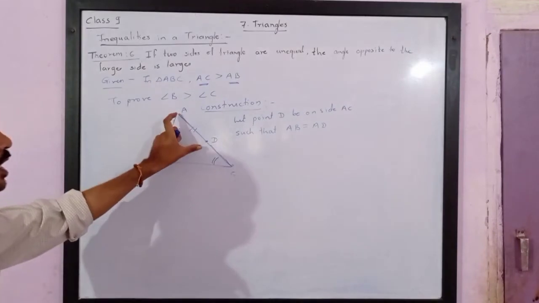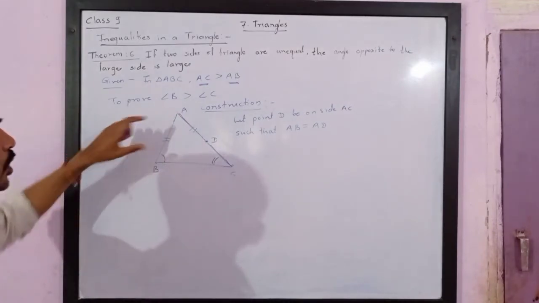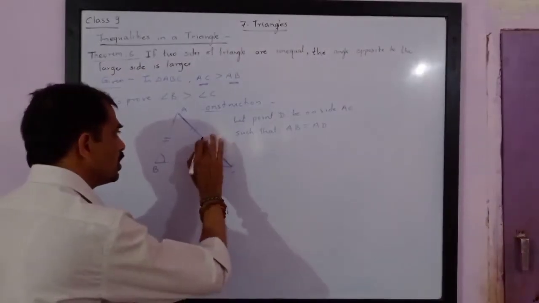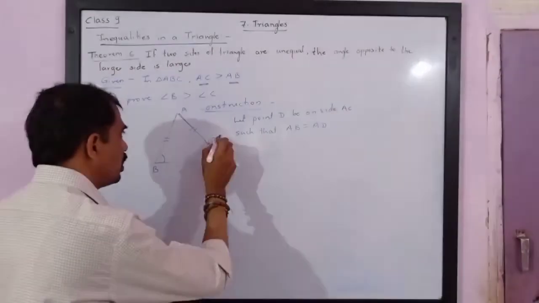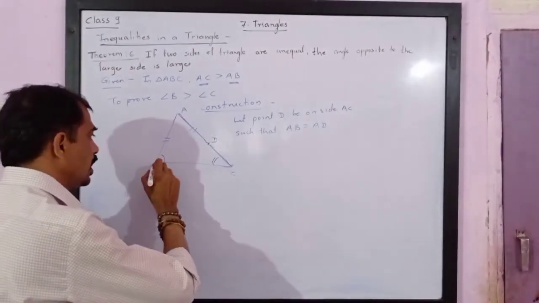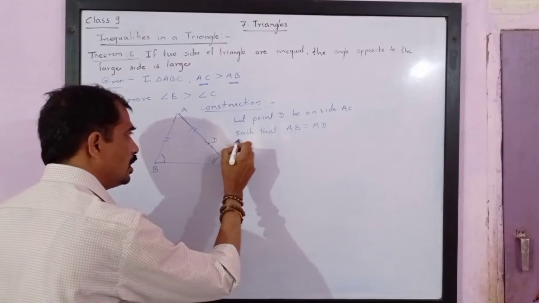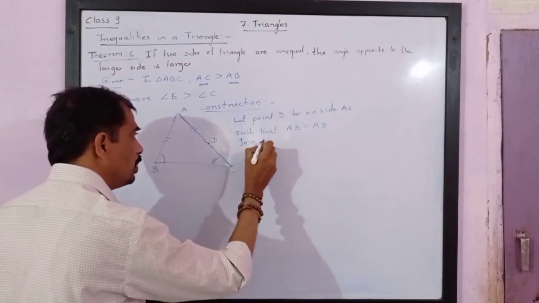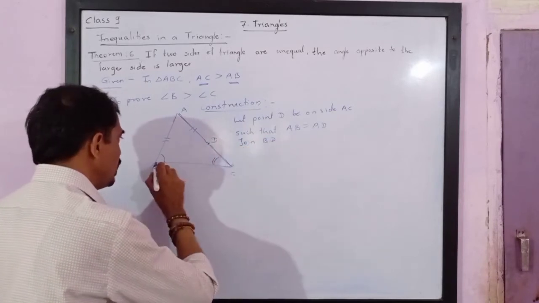We have taken this point D in such a way that it is equal to AB. So if point D is somewhere here such that AB is equal to AD, then we join BD.